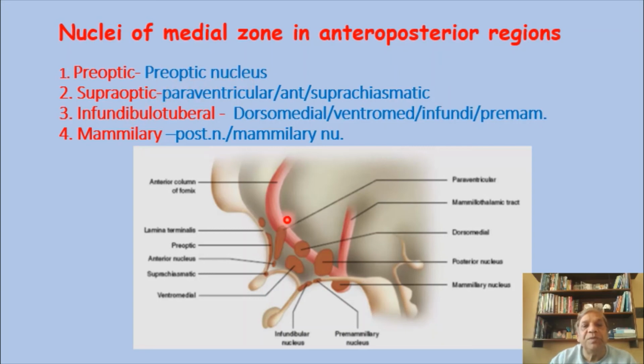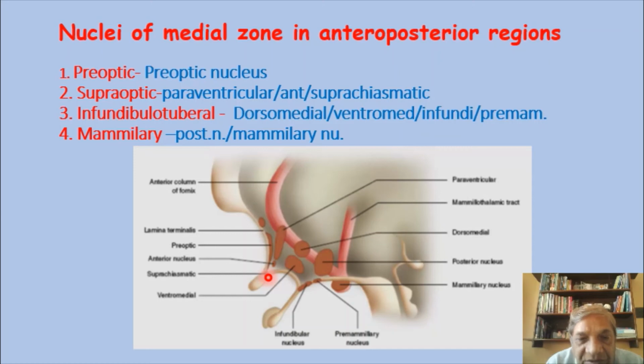Then supraoptic. The second zone was the supraoptic, and how many nuclei are present? This supraoptic region will have this elongated paraventricular nucleus, because it lies just deep to the ependyma, hence it is the paraventricular group of nuclei. Then the anterior nucleus, here is a small dot-like nucleus, anterior nucleus, and then the third nucleus, which is here, suprachiasmatic.